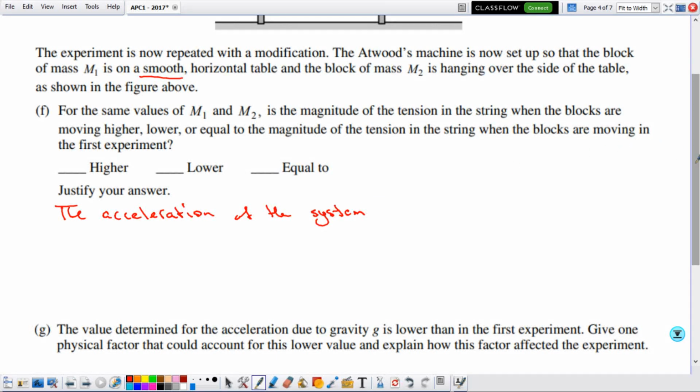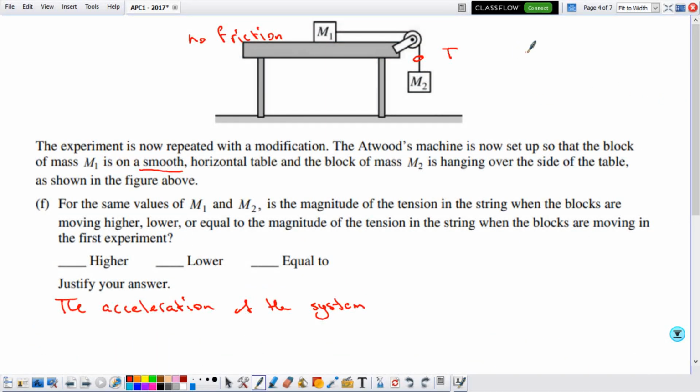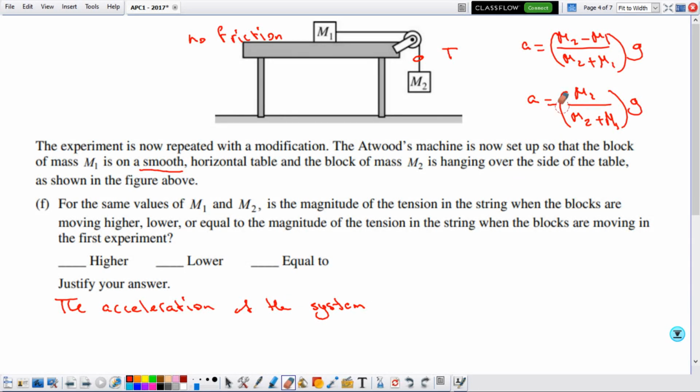What happens to the acceleration of the system? Previously, the acceleration is given by (m2 minus m1) divided by (m2 plus m1) multiplied by g. Now for this modification, m1 will vanish, and the fraction is given by m2 over (m2 plus m1) multiplied by g, which means that the numerator will increase, then the acceleration will increase. But remember that this is not part of the answer, then let me erase it.